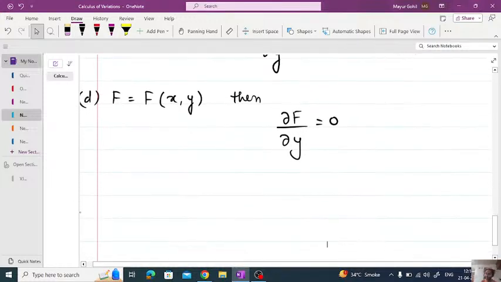The third format of the Euler-Lagrange equation. Then over here we will have another equation, the third form of Euler-Lagrange equation.